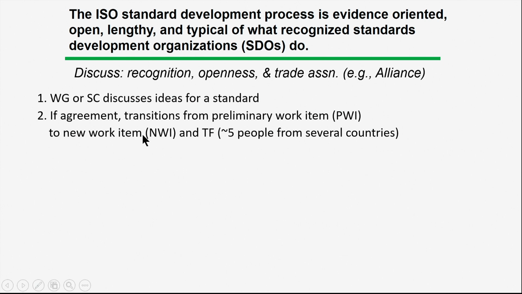Now, as part of that process, you need people to work on the development of that standard, and typically a task force is formed for that purpose, and usually there's around 5 people or so who are representing various countries, generally 1 or 2 people from each country, who are most interested in seeing that new work item become some kind of standard or report or official ISO document.